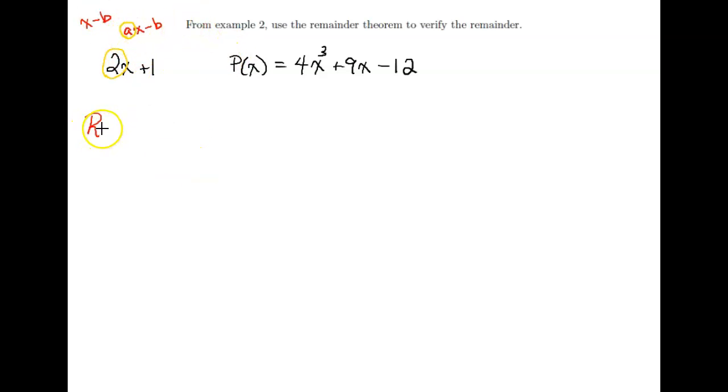According to the remainder theorem, if I'm dealing with the ax minus b situation, that means if I take my polynomial and instead of x, I sub in b over a, for all of these x's, it will equal my remainder.